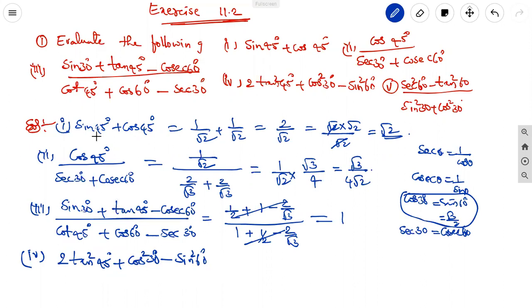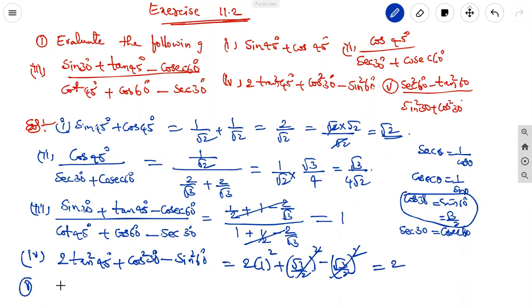Why? Because cos 45, sin 45 are 1 by root 2, which get cancelled, giving 1 only. It is equal to 2 into 1 square plus cos 30 is root 3 by 2 whole square minus sin 60 is root 3 by 2 whole square. These two get cancelled. It is equal to 2 into 1, which is 2.